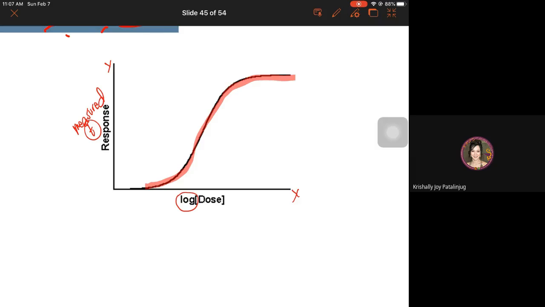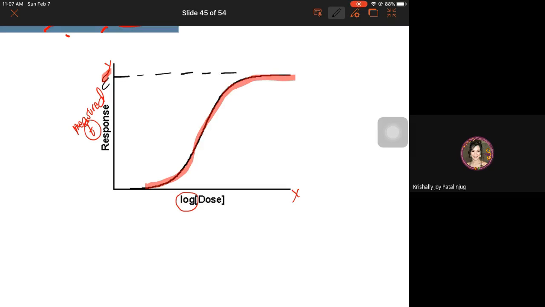Okay, that would be the dose response curve that we usually plot in order for us to understand certain aspects about that particular drug. For example, with that dose response curve, we can determine the efficacy of a certain drug.